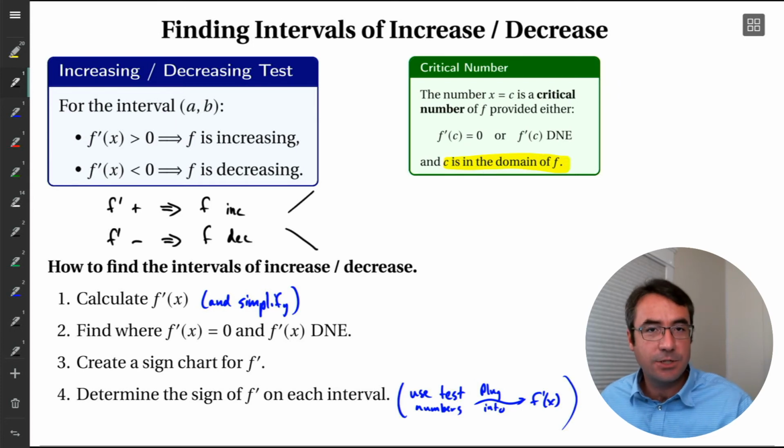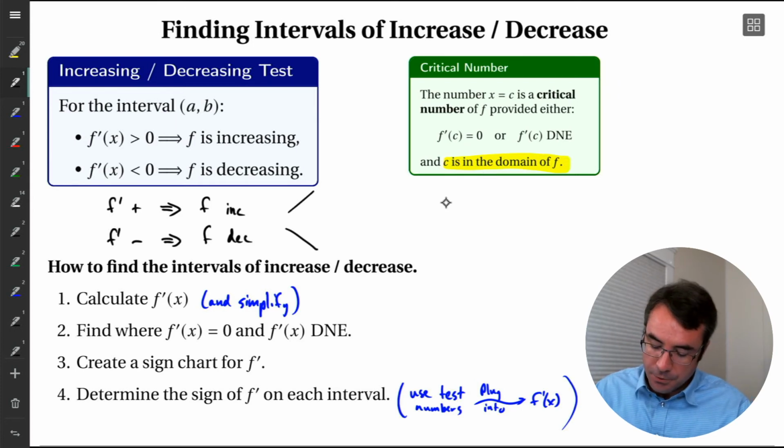When we do our sign charts and we plot our critical numbers, we're going to use a filled in circle to denote a critical number, and we're going to use an open circle to denote a non-critical number.